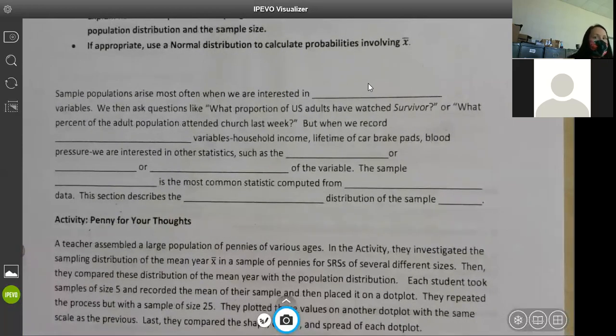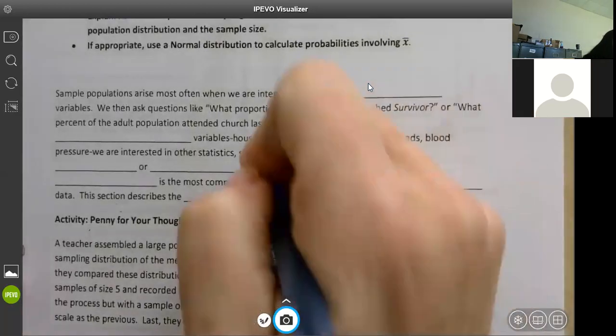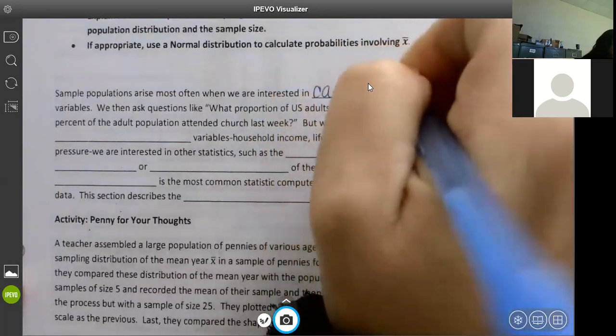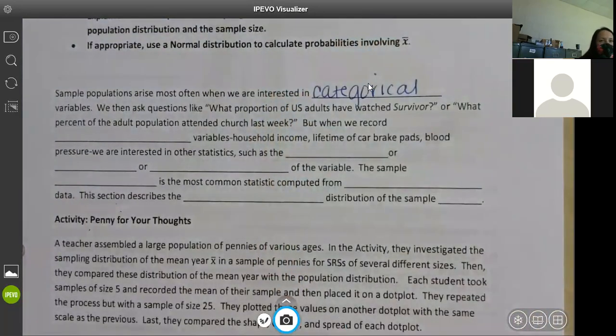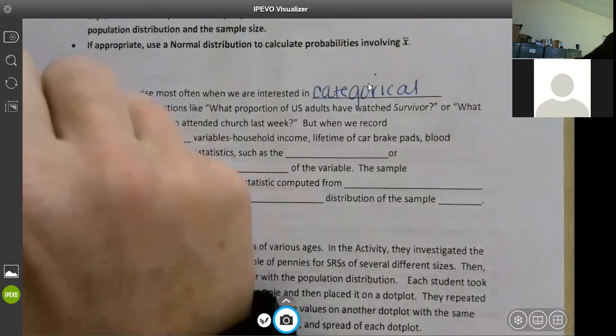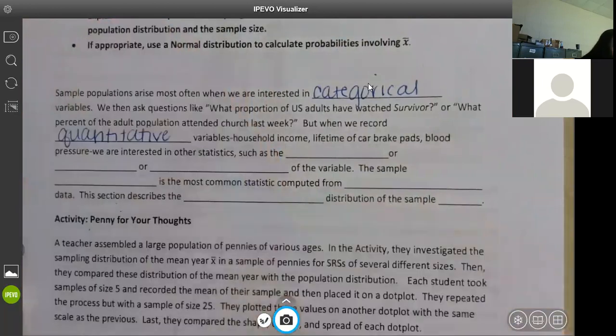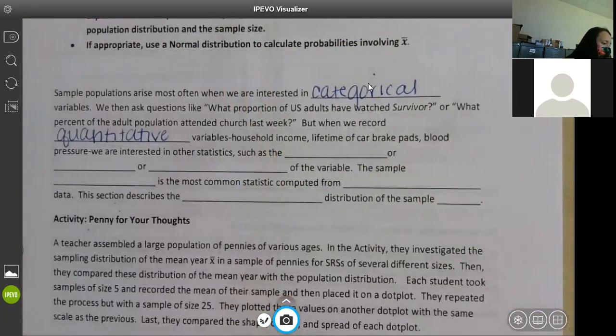Sample populations arise most often when we're interested in categorical variables. So remember, like the color of the M&Ms, we were talking about that. That's categorical variables. So we then ask questions like, what proportion of U.S. adults have watched Survivor, or what percent of the adult population attended church last week? But when we record quantitative variables, which is household income, lifetime of car brake pads, blood pressure, we're interested in other statistics, such as the median or the mean.